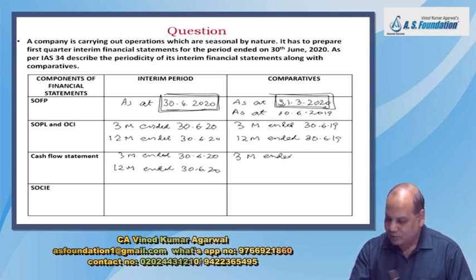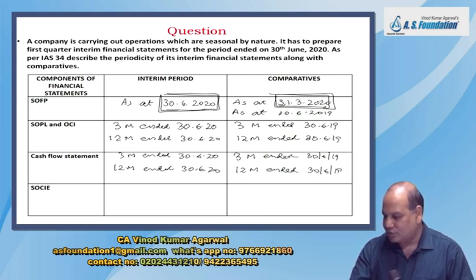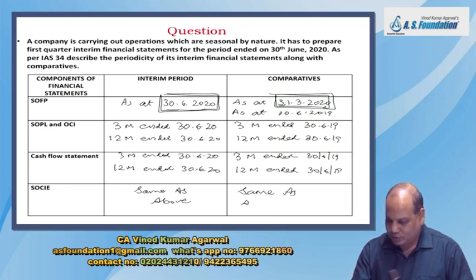Comparative will be 3 months ended 30th June 19 and 12 months ended 30th June 19, right? What about SOCI? Same as above.